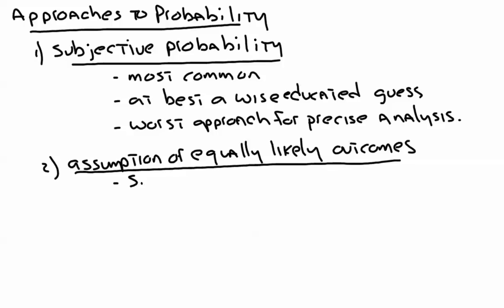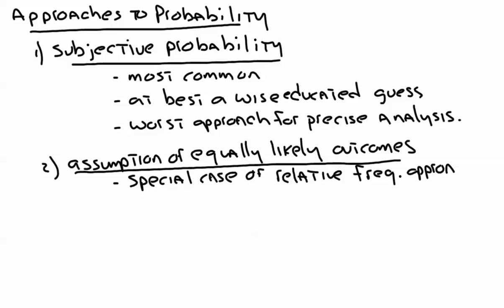It's a special case of the relative frequency approach, and inasmuch as the outcomes are indeed equally likely, the assumption of equally likely outcomes might be a good, rigorous, valid, precise approach to describing probability. So I'll just say that it's not necessarily a bad approach, assuming that the outcomes are equally likely.